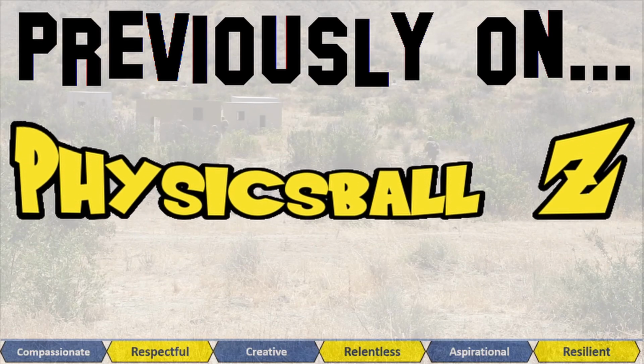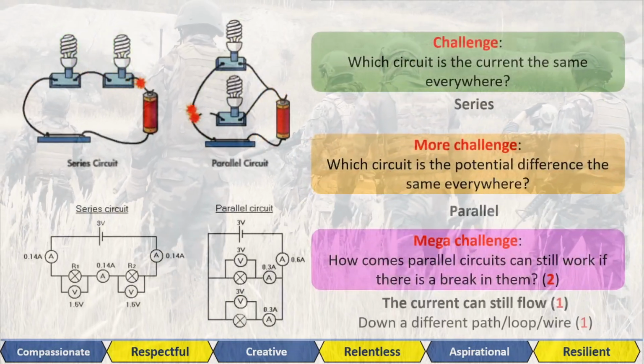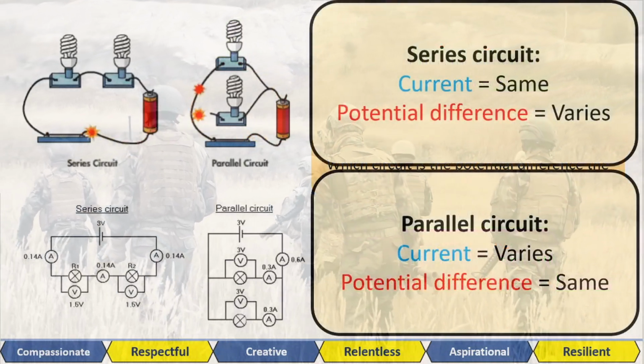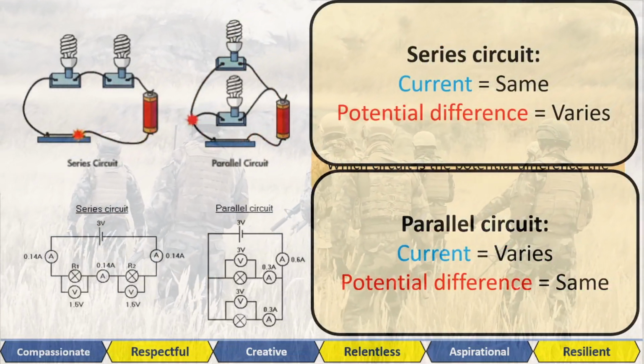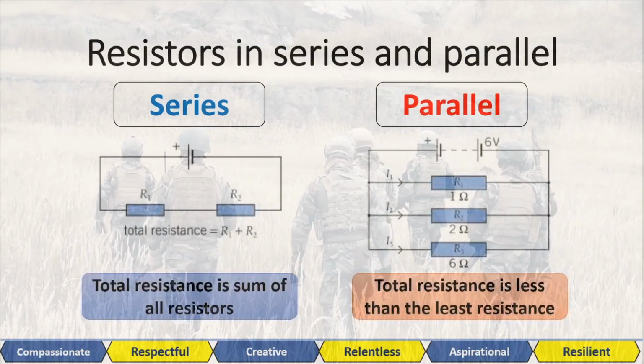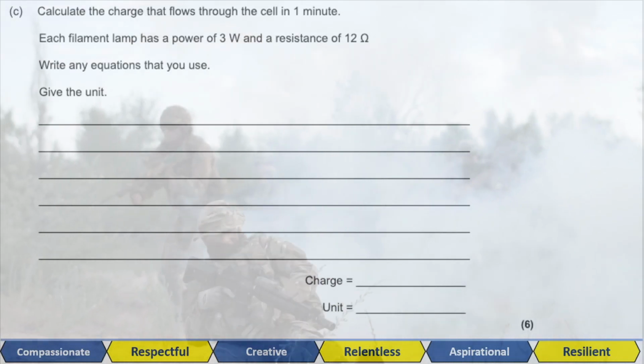Previously on Physicsball Z, our heroes journeyed to the twin circuits of series and parallel circuits, and they learnt what happens to current and potential difference in each scenario. And just when they discovered how resistors work in series and parallel circuits, they were attacked by this past paper question.